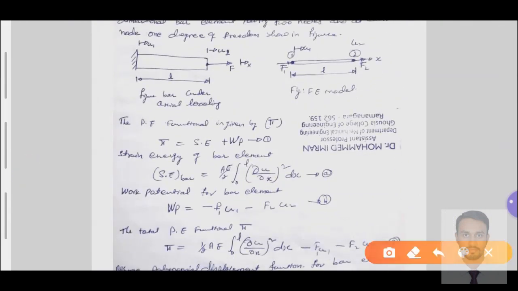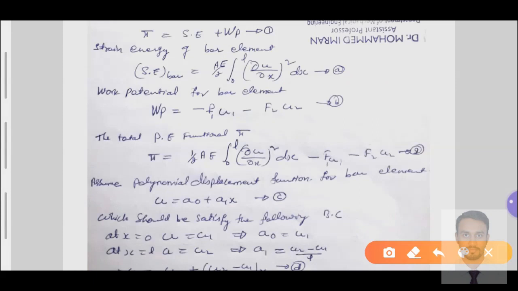To get a clear idea: at node number 1, force F1 has been applied. Work is done due to the application of F1, and displacement U1 occurs at node number 1. That work potential is minus F1 into U1. Similarly, at node number 2 we have minus F2 into U2.